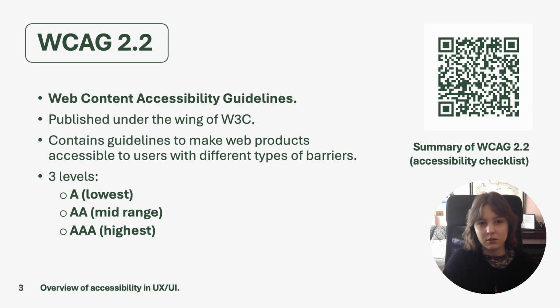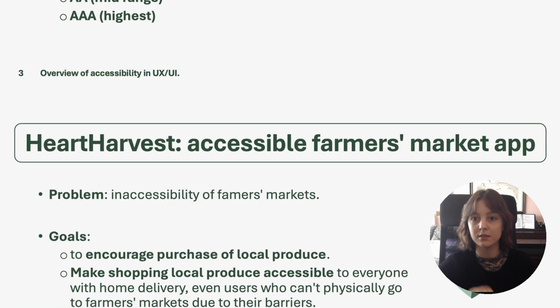There are 3 levels of accessibility mentioned in the document, with A being the lowest and AAA being the highest. Because the document is kind of long and I found it to be kind of unclear, I made a summary of the guidelines and also made them into a checklist so you can easily check which guidelines your prototype meets.